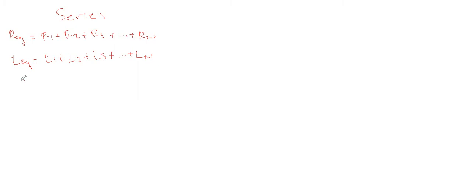And for the capacitor natin, is simply equal to the inverse of 1 over C1 plus 1 over C2 plus 1 over C3 plus that plus 1 over Cn. Inverse. Ito is galing yan. In-inverse mo yung 1 over C equivalent mo.